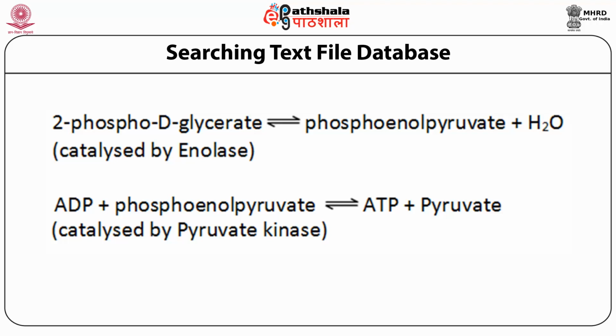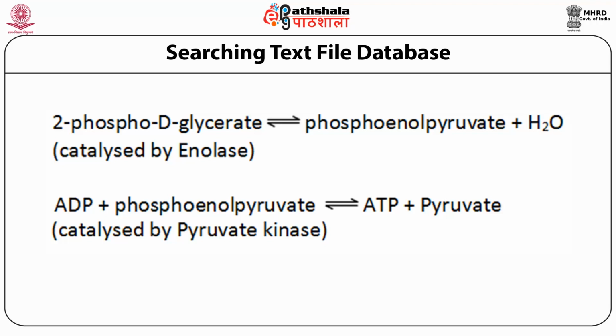This is the purpose of organizing a database with different fields on each record, so as to retrieve information to gain knowledge. In this case, the phosphoenol pyruvate for the first enzyme is present on the products side, and in the case of the second enzyme, it is present on the substrate side.